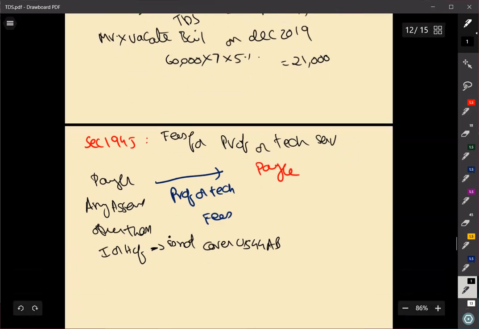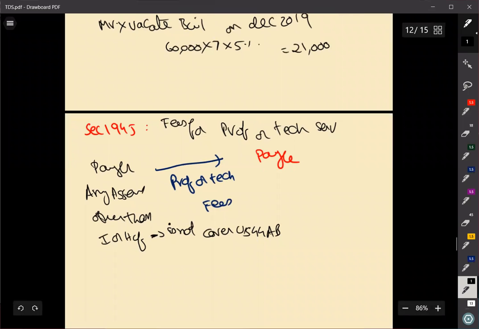Okay, so any individual or HUF not covered under tax audit. If the same individual or HUF are covered under tax audit, ultimately that will be a subject matter of 194J.